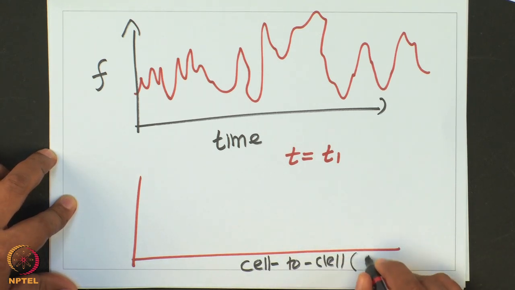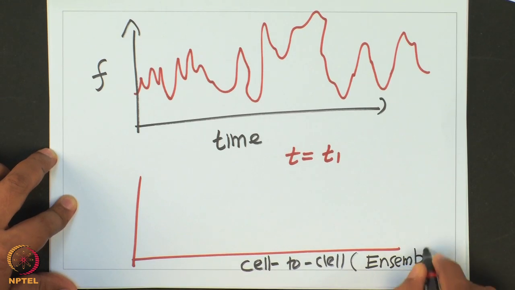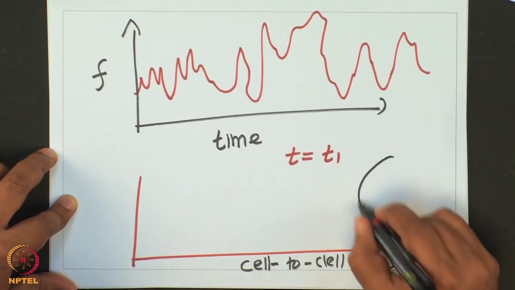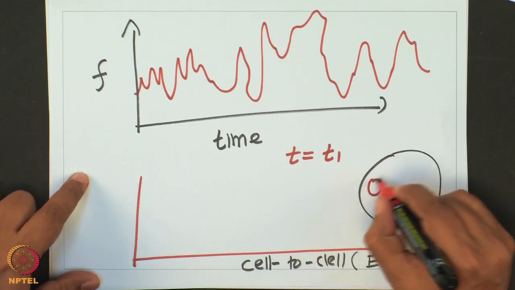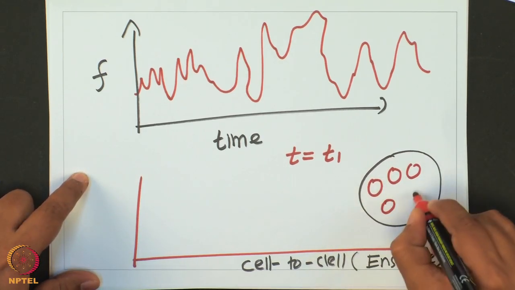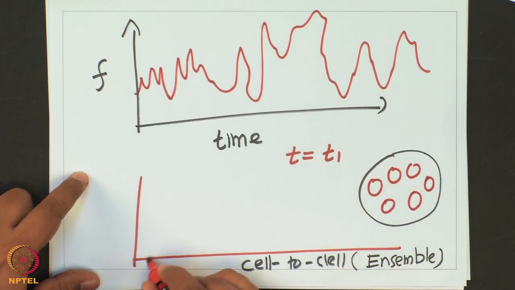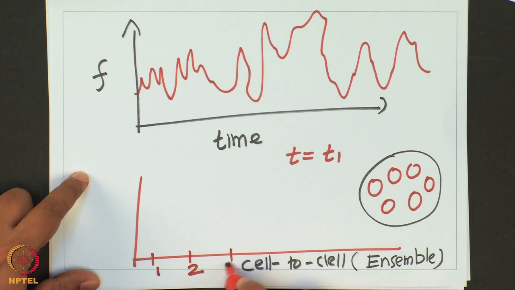This is called an ensemble. You have a collection of cells: cell 1, cell 2, cell 3, cell 4. So this is what the x axis is.